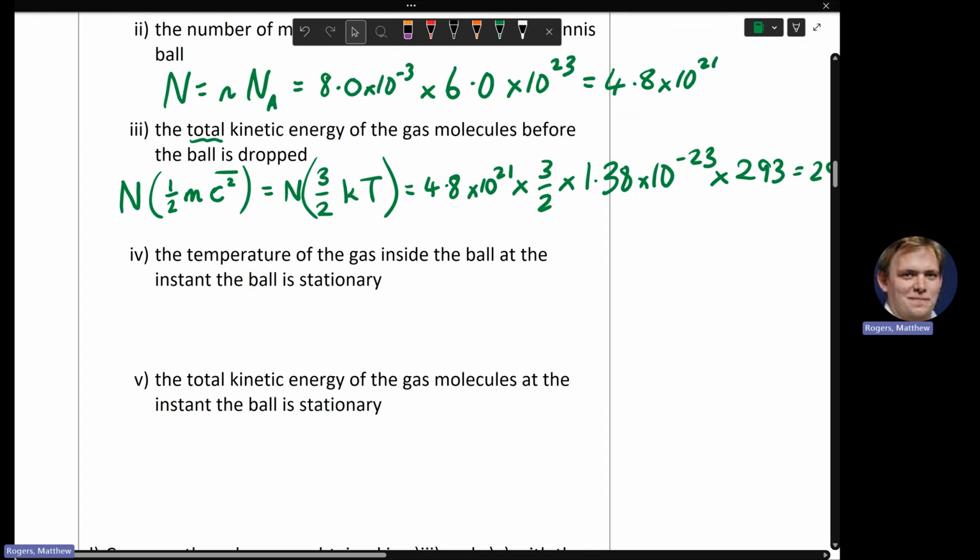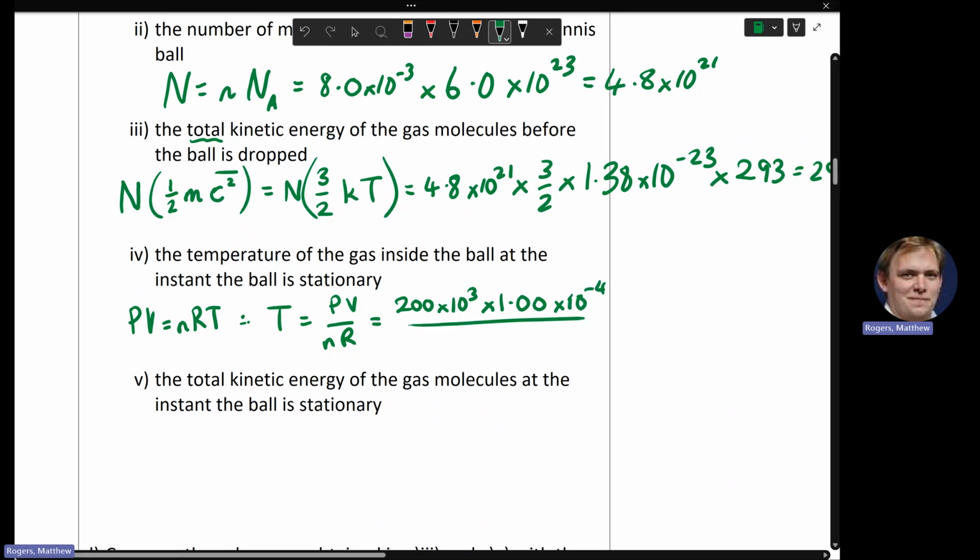The temperature of the gas inside the ball at the instant that it's stationary. So we're back to the ideal gas law. PV is nRT, so T is equal to PV over nR. We've got new values for pressure and volume. The pressure's gone up to 200 times 10 to the 3. The volume has decreased to 1.00 times 10 to the minus 4.